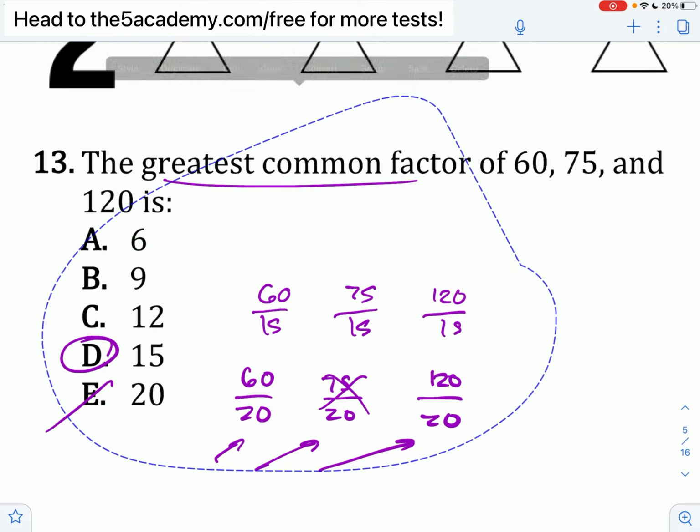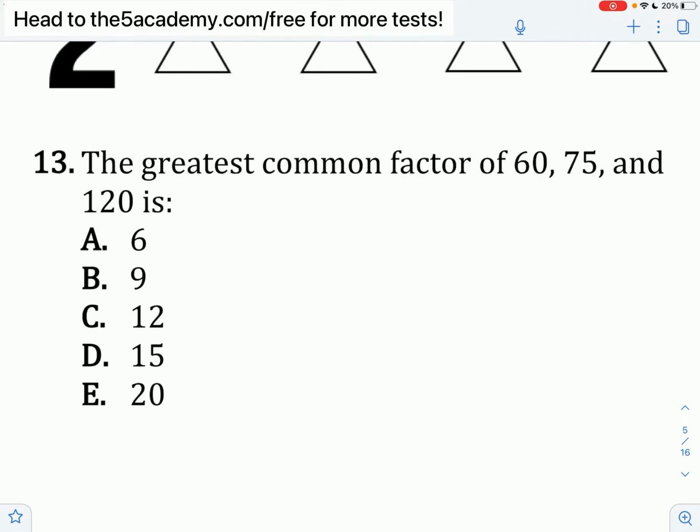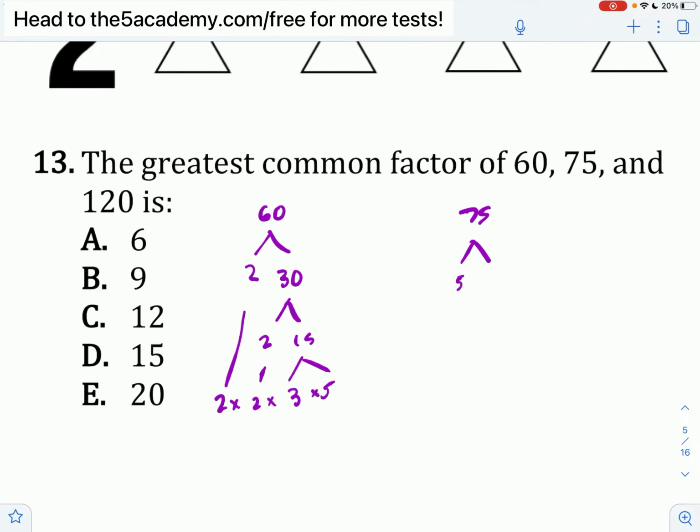The other method is to draw out the factor tree of all three of these numbers, do the prime factorization. So 60 is the same thing as 2 times 30, which is the same thing as 2 times 15, which is the same thing as 3 times 5, okay? So you write out the factor tree of that. This is 5 times 15, which is 5 times 3.